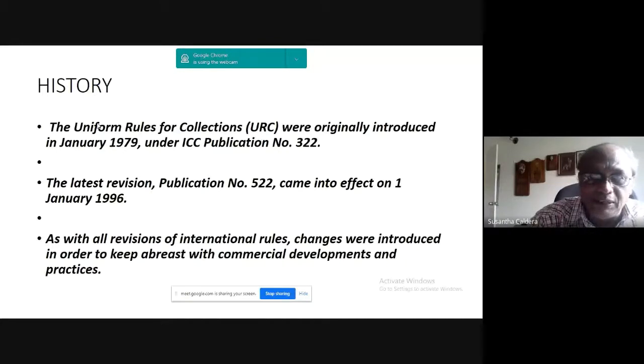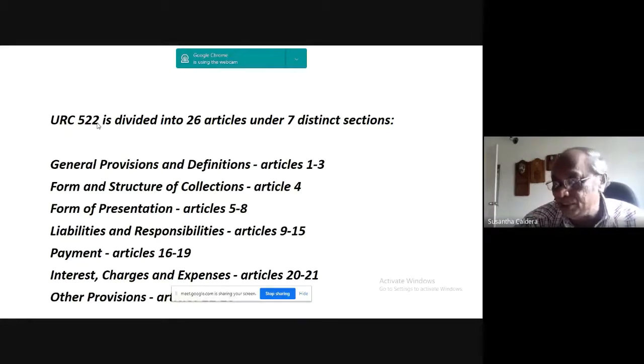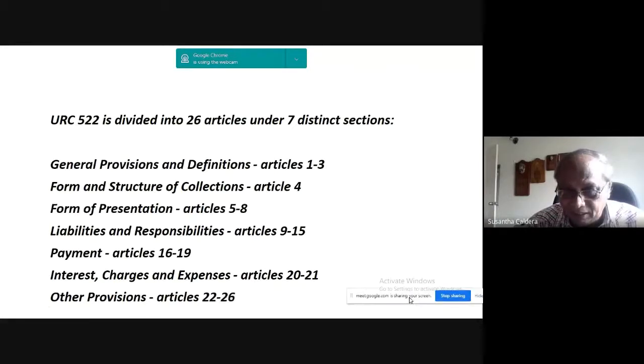URC 522 is divided into 26 articles under 7 distinct sections, right? I'm not going to discuss these things; I have given them earlier also.